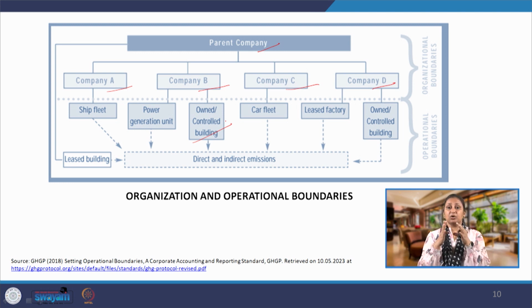All the emissions which are directly resulting from these 3 are part of this organization itself, and when we look at operations within these specific ones, we will get the direct emissions, and we will also get the indirect emissions from the organization of these 3 campuses, which is part of IIT Roorkee as a parent organization. This is what we are talking about.